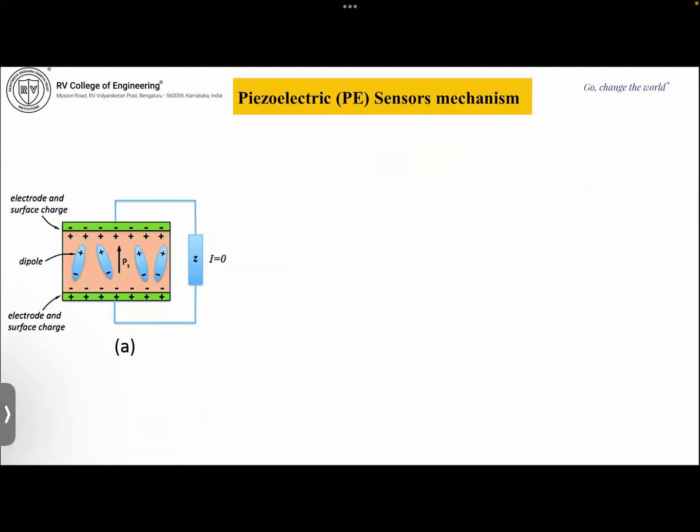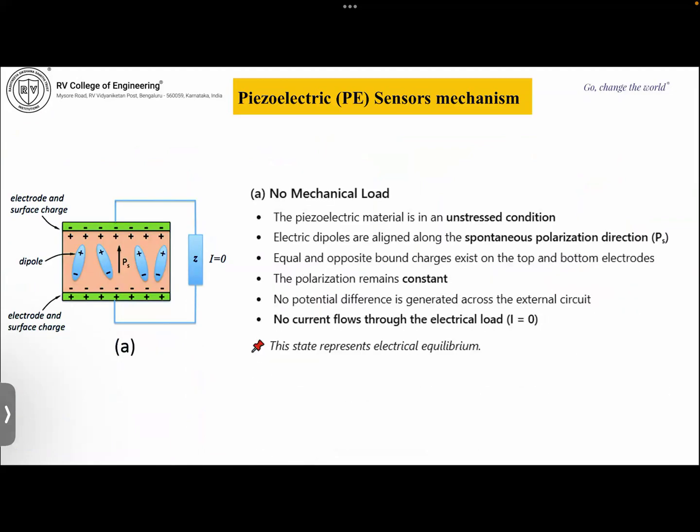In the first case, there is no mechanical load applied on the electrodes. The piezoelectric material is in the unstressed condition. The electric dipoles are aligned along the spontaneous polarization direction.